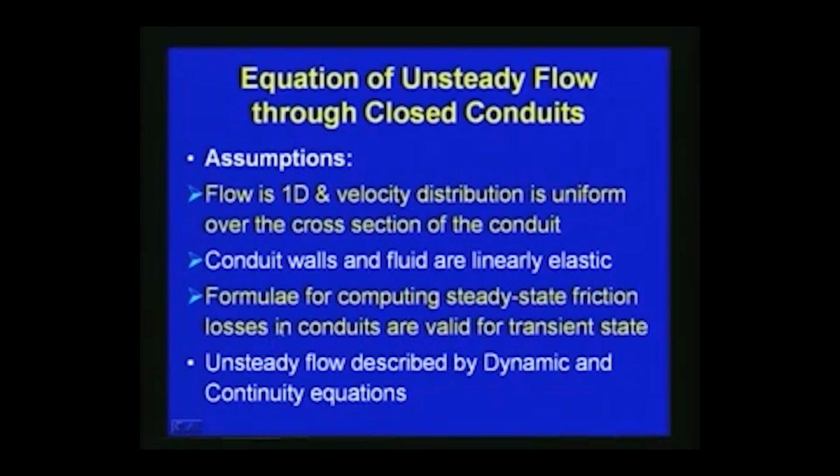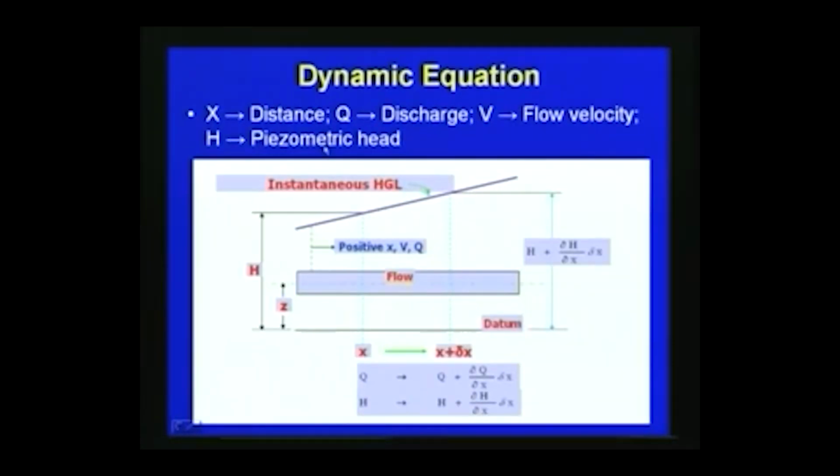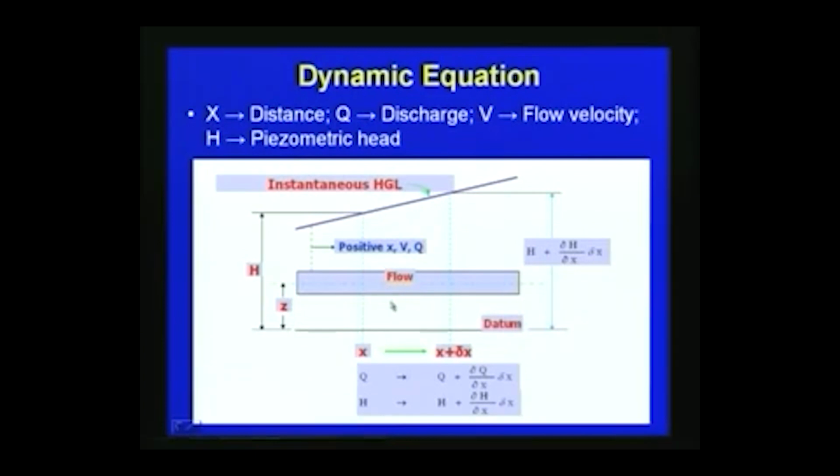for the transient state also. Based upon these three assumptions, we derive the unsteady flow equations, which are described by the dynamic and the continuity equations. To derive the dynamic equation and continuity equation, we consider flow through a pipe or closed conduit, and the flow is going in this direction.